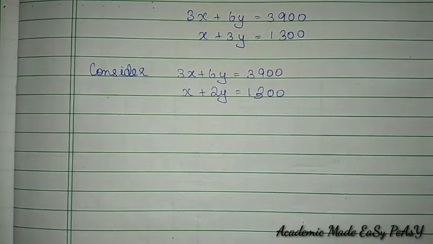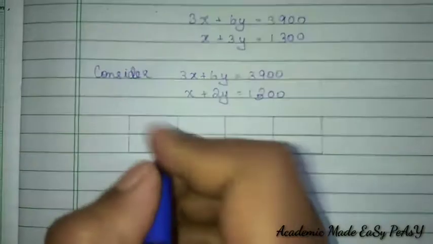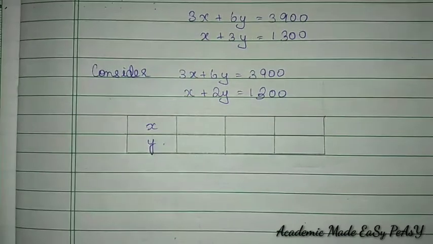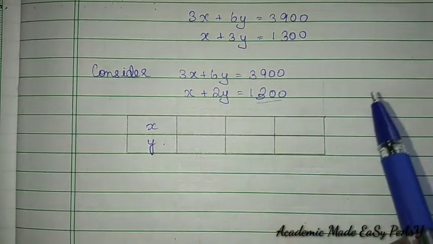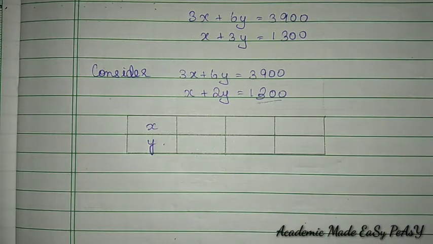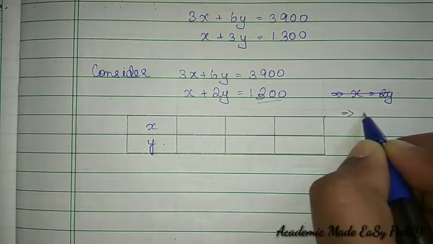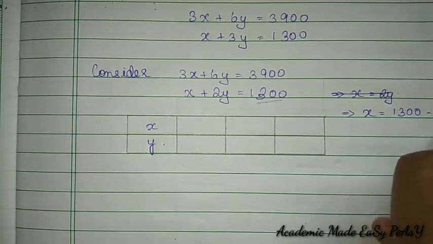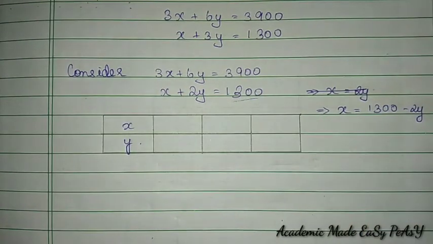So let me draw the table now. So let this be x and y. So here I'm having 3 columns. Why? Because it is some big number, no? So I'm just taking 3 columns over here. Let this be x is equal to 1300 minus 2y. So this will be my equation in order to find the values.